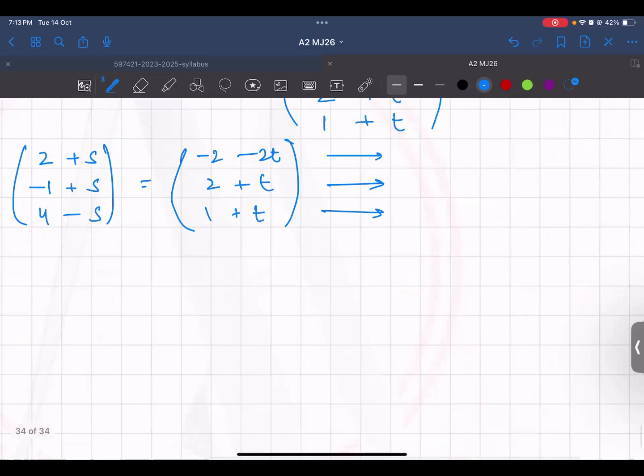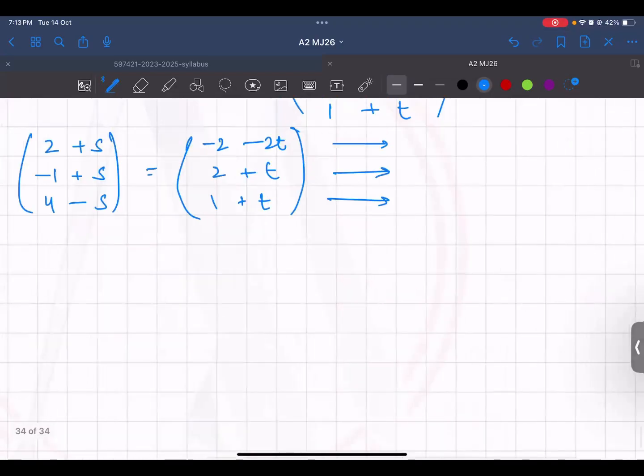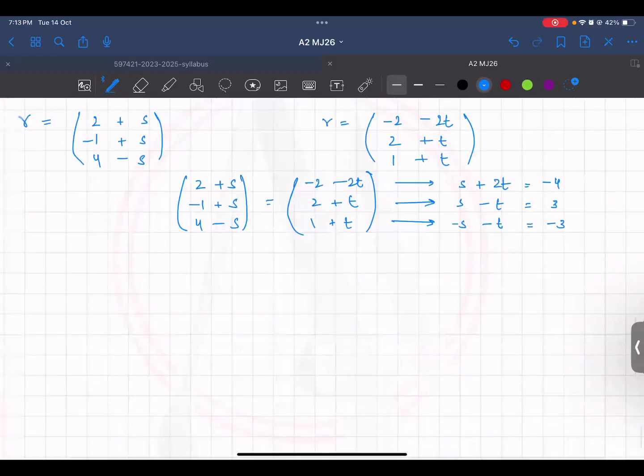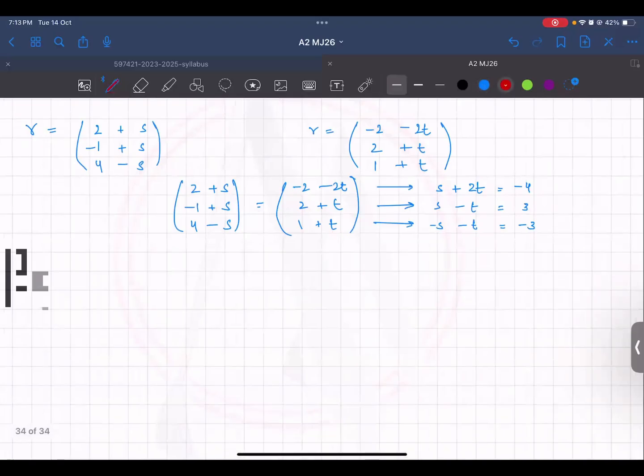So this would become s plus 2t is equal to minus 2 minus 2, which is minus 4; s minus t is equal to 2 plus 1, which is 3; then minus s minus t is equal to 1 minus 4, which is minus 3. So use equation 1 and equation 2, let's suppose.